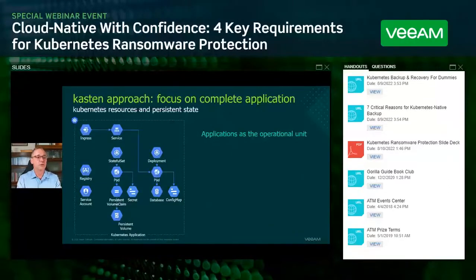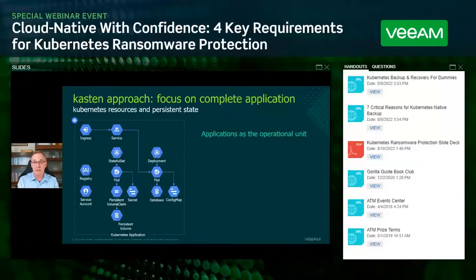Going a little bit further, we talked before about how Kubernetes changes the game when you're backing up, from backing up virtual machines or physical servers or databases, to the overall application with all of its components, including metadata components, as the level of atomicity, the underlying level that you need to protect.